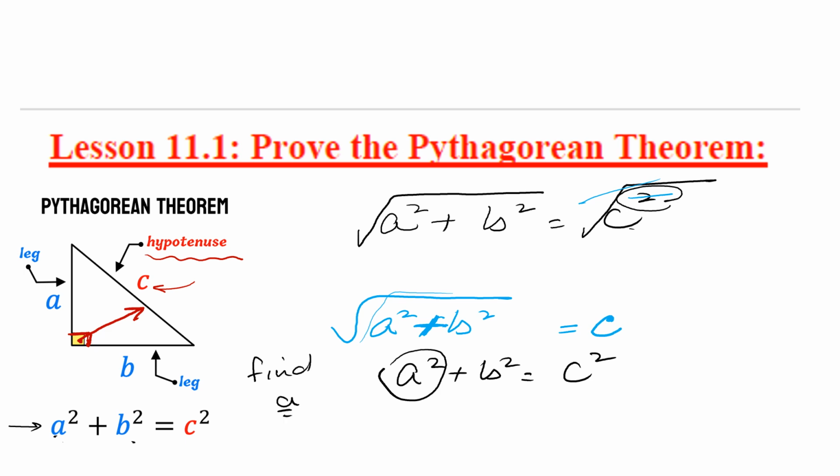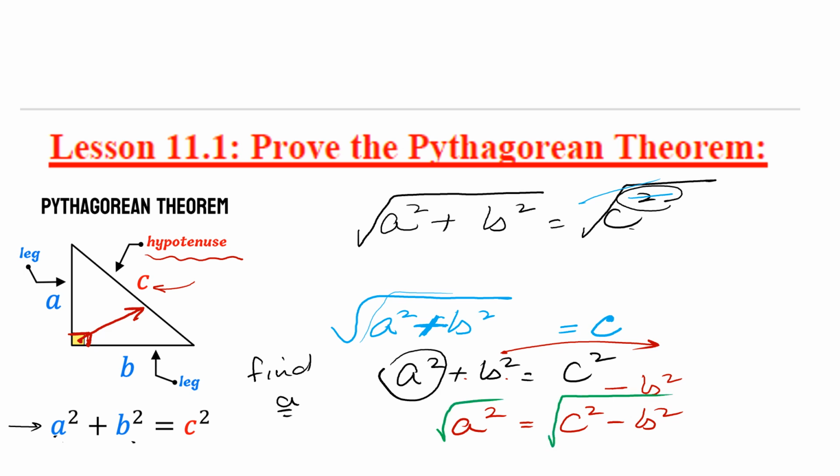Then in that case, what will you do? You will bring the b square to the other side. When the plus b square goes to the other side, it becomes negative b square. Here a square is left, and over here it is c square minus b square. Now you need to find a, so you will take the square root on both sides.